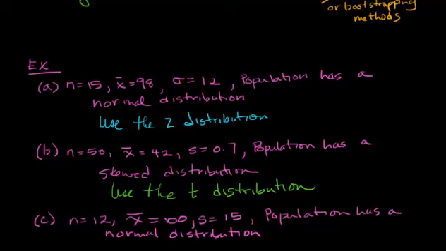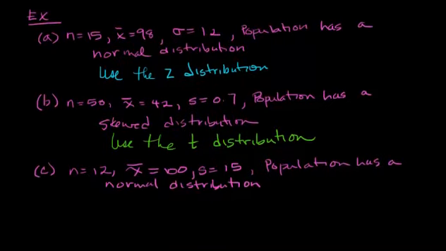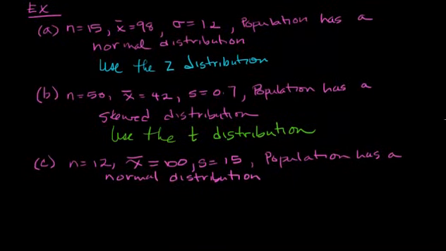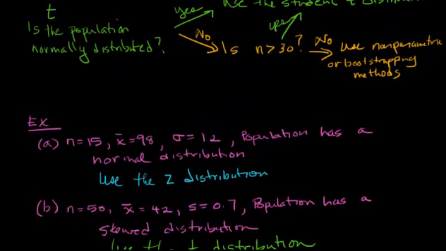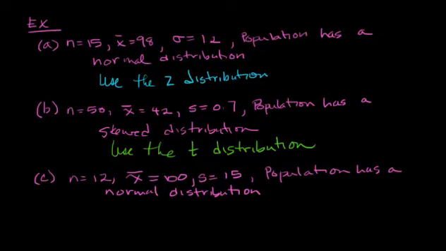Is the population standard deviation given? No, it is not. That puts us on the t path. Is the population normally distributed? Yes, it is. Well, then that tells us it doesn't matter about sample size. We go straight to use the student t distribution, even though our sample size is small, because we have a normally distributed population.